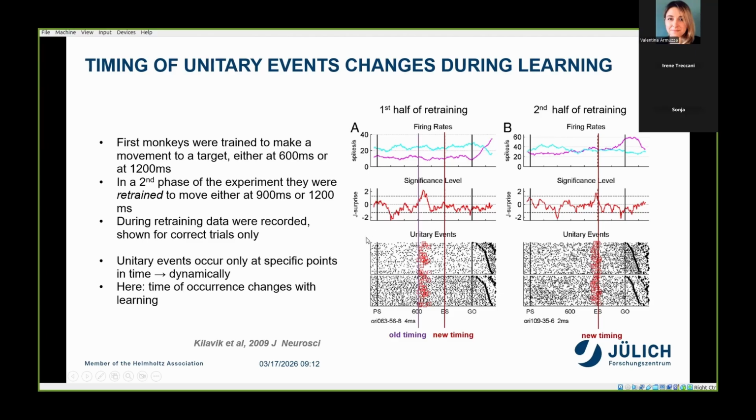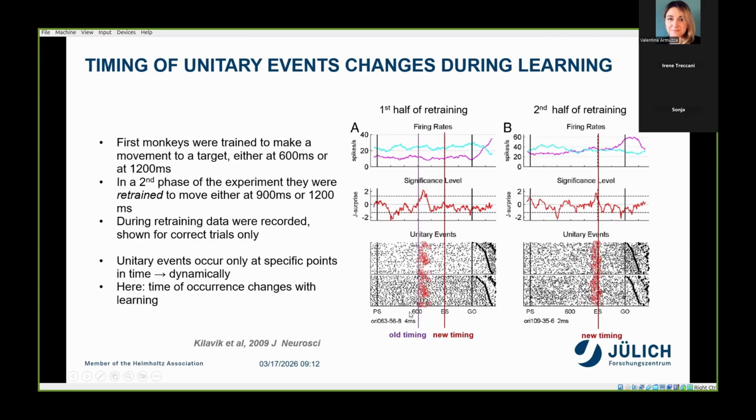You see the time, and you see the spiking activity of neuron 1 and neuron 2 across multiple trials. And you see here at PS, he got a so-called preparatory signal that he soon will have to move. And after 600 or, what was it, after 1200 milliseconds, he got the signal to go.